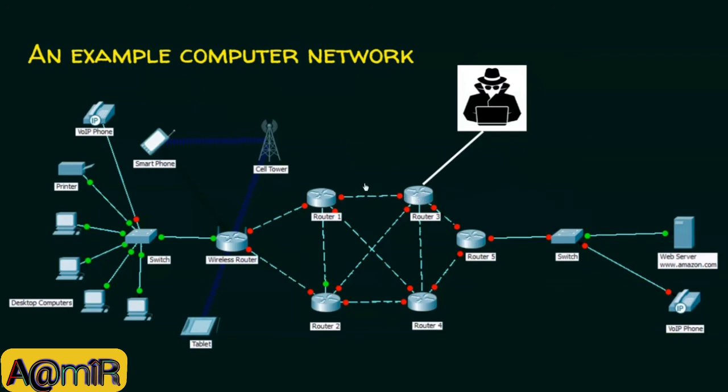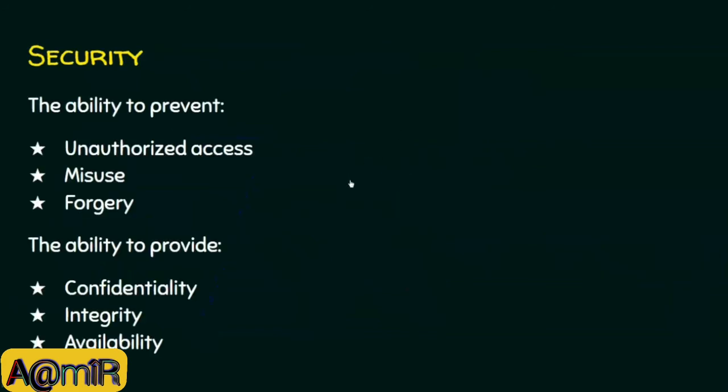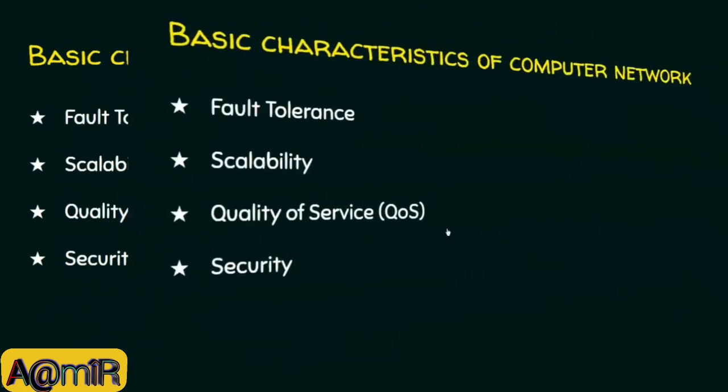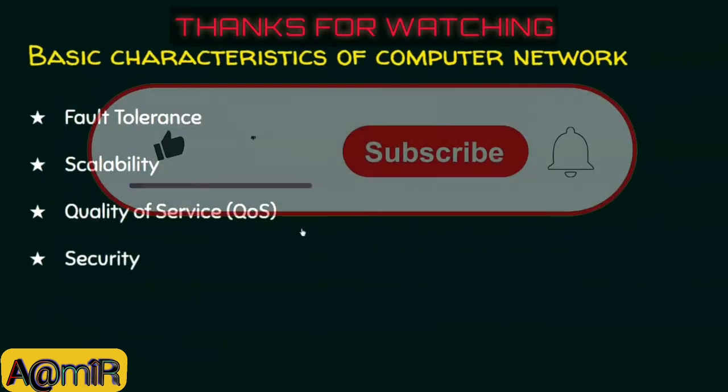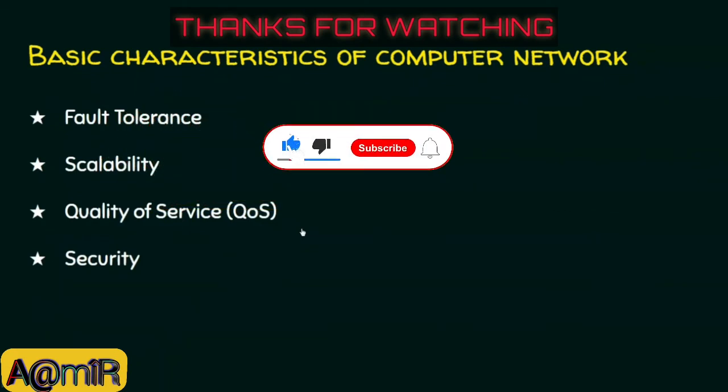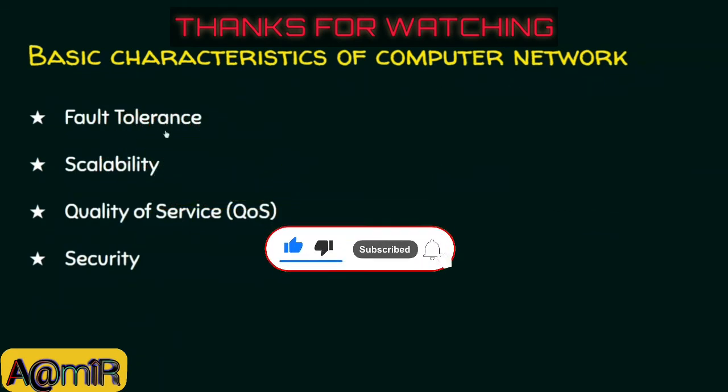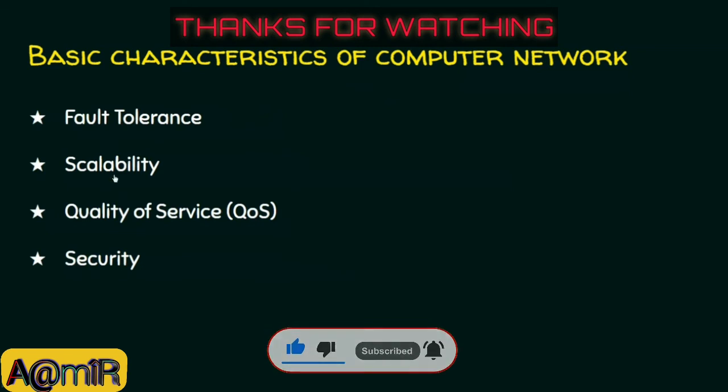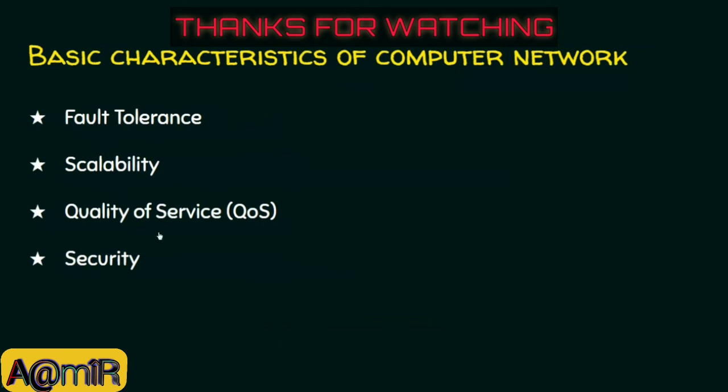So it becomes the ultimate responsibility of a computer network to provide security, because the network should prevent unauthorized access, misuse and forgery, and it should also provide confidentiality, integrity and availability. I hope now you are clear with all the basic characteristics of a computer network: a fault-tolerant network, a scalable network, the quality of service and security.